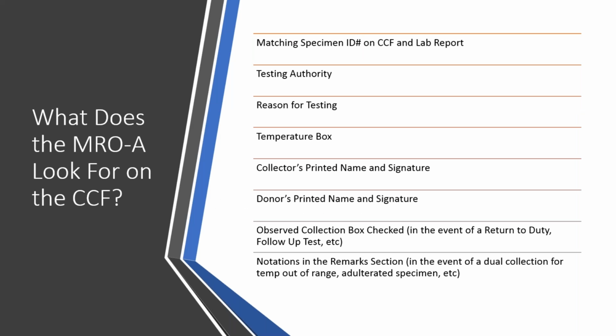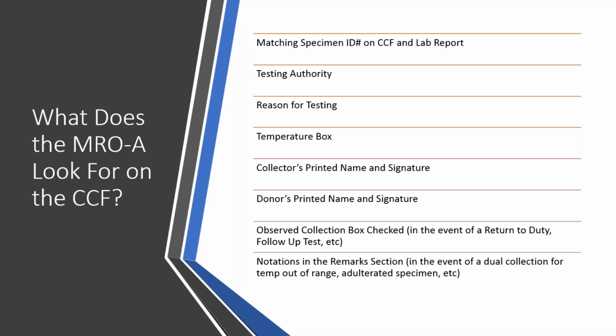What does the MROA look for on the chain of custody form? They are looking for matching the specimen ID number on the chain of custody form and the lab report. That is very important. You want to make sure that we've got the right chain of custody form coming in and it's matching to the right lab report.